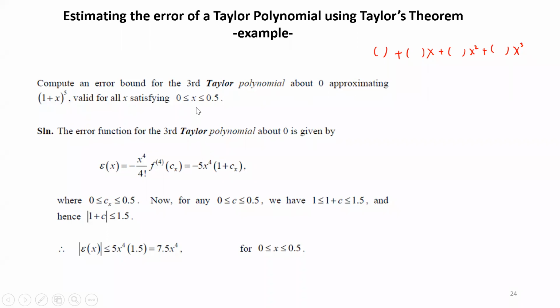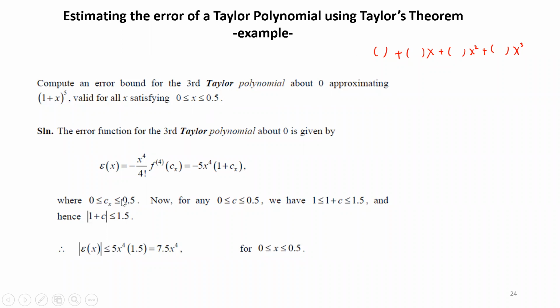So I'm going to just consider the x within this range, as stated in the question. That means this cx, although I don't know exactly what it is, I know that it has to be within this same range.